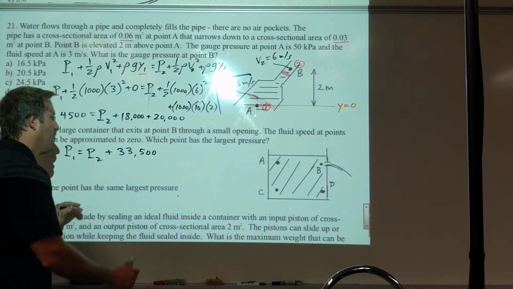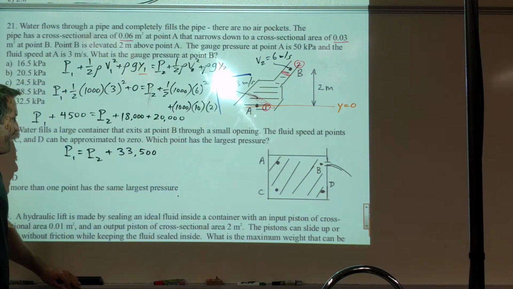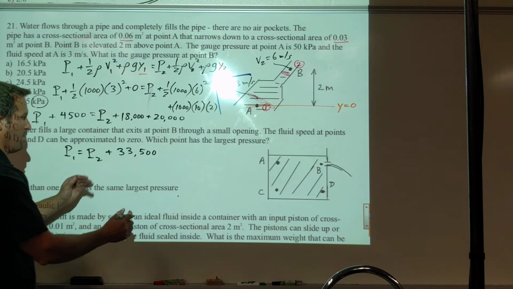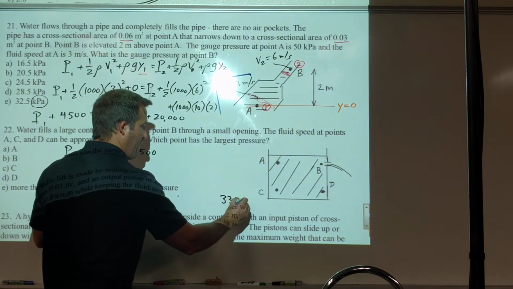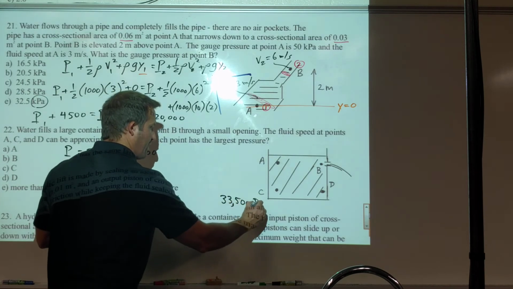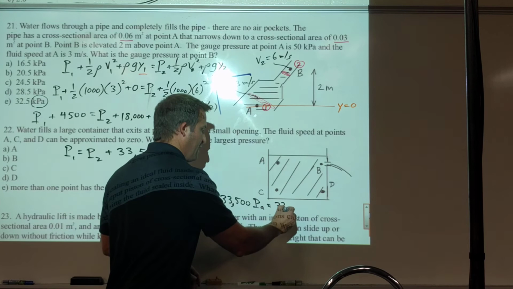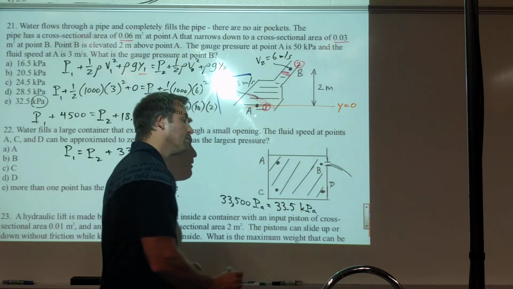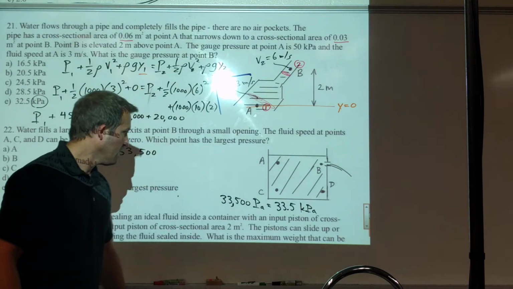So I can write this as Pascals. Now I did have answers here in kilopascals. So 33,500 pascals equals how many? It's 33.5 kilopascals, because kilo means 1,000. I move this over 3 times.